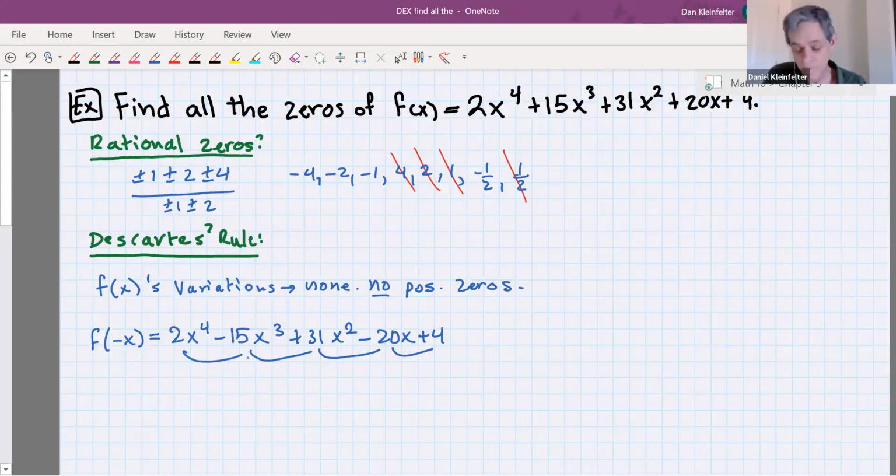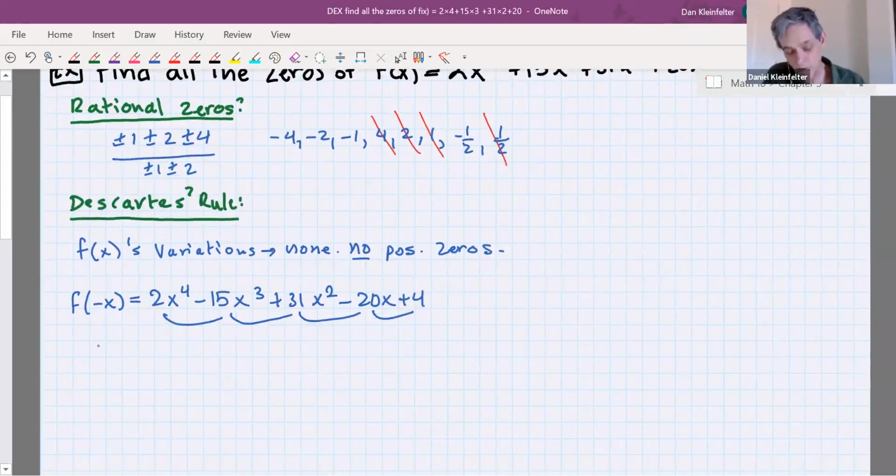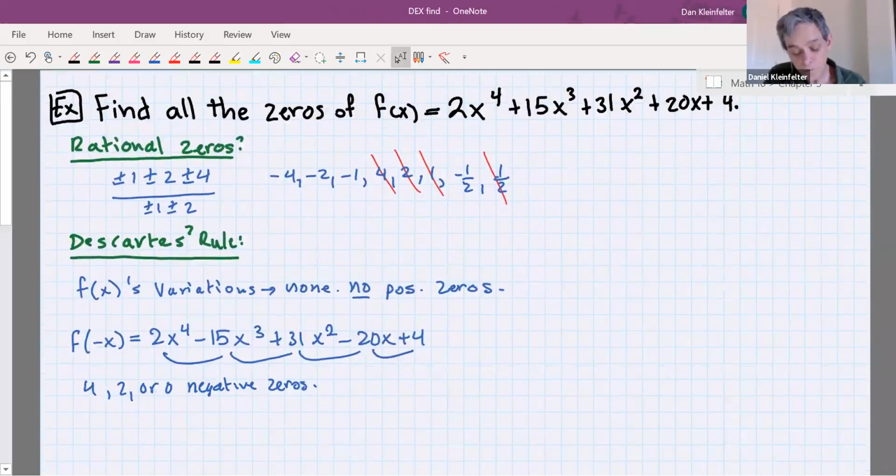So this one, that's kind of the worst possible news in a way. There were 4 variations in sign, so we could have 4, 2, or 0 negative zeros. Okay, so that really doesn't help us at all, right? So I guess that means we were not going to end up with 3 negative zeros. It's going to be 0, 2, or 4.